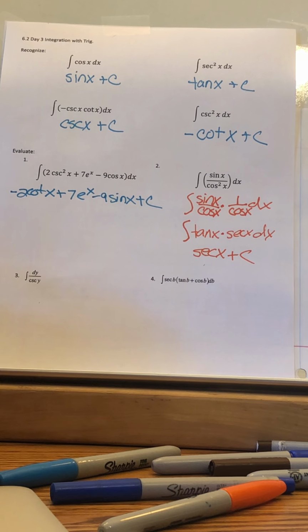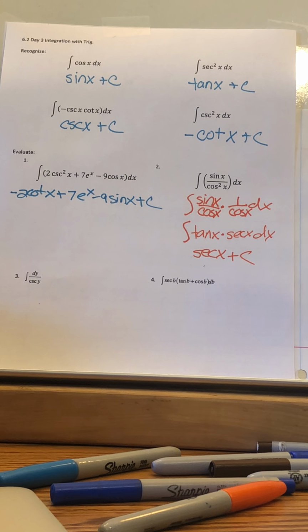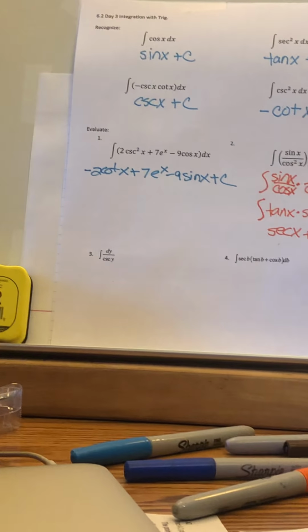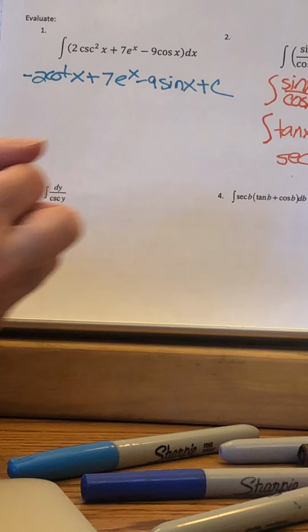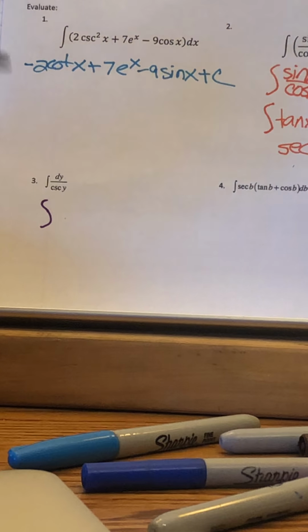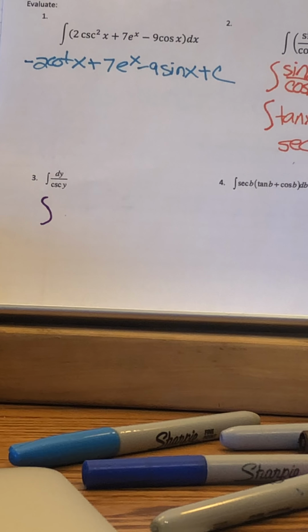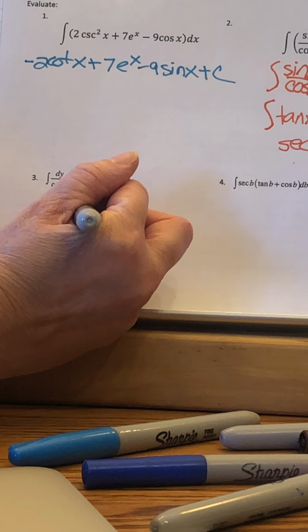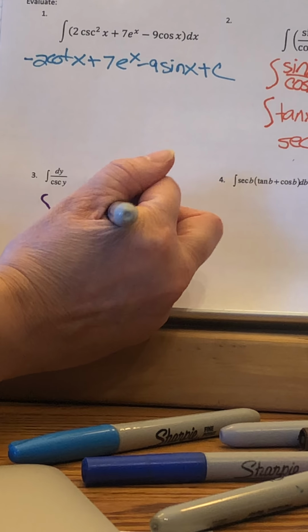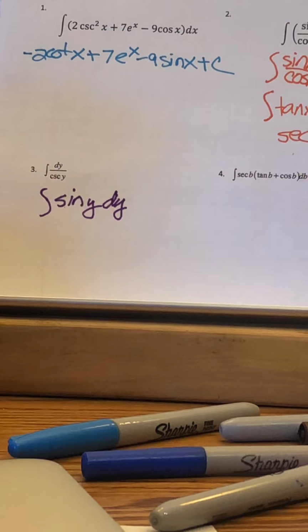Now, my next example, dy over cosecant. Well, none of my derivatives are written as fractions, so I'm going to use my trig skills to rewrite that. I'm going to lift it up. dy divided by cosecant is the same as its reciprocal trig function, which is sine y times dy.